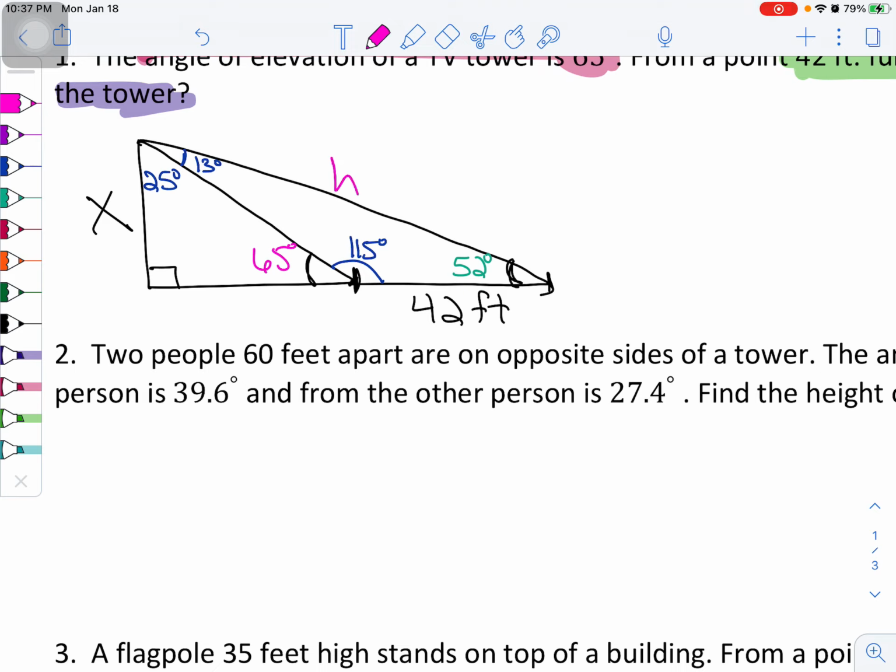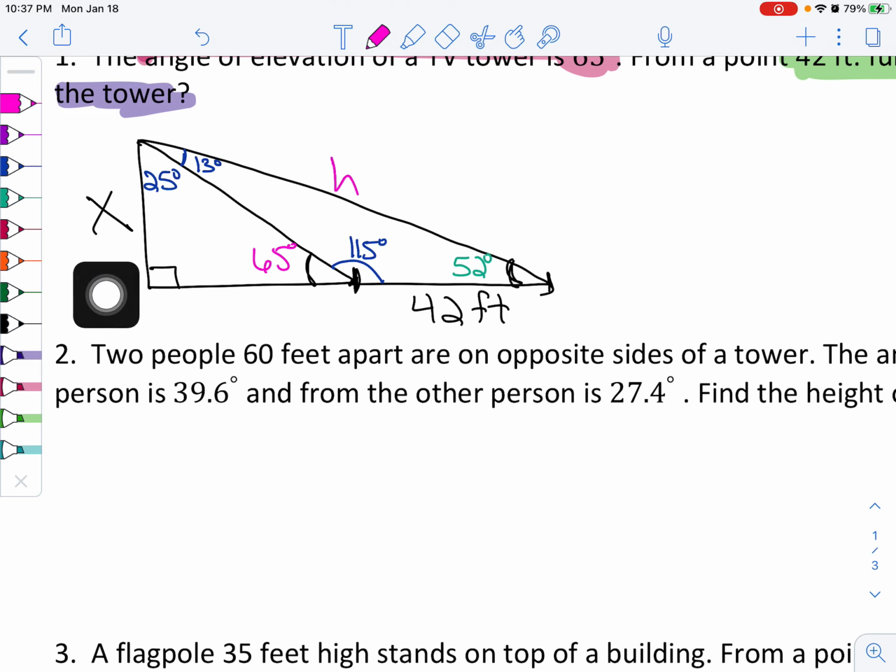So let's say I want to find that x. Actually, no, I don't want to call it x. Let's say I find h for hypotenuse. Now, the reason I want to do this is this obtuse triangle right here. I now know all three of my angles. I know one side, and I want to know another side, which means I can apply law of sines here.